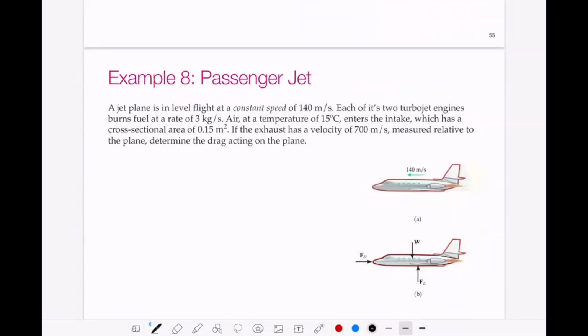So we have negative Fd is equal to mass times the time derivative of the velocity of our control volume. Since they're all in the same direction, we can just resolve this in the horizontal direction, so we'll write this in component form.